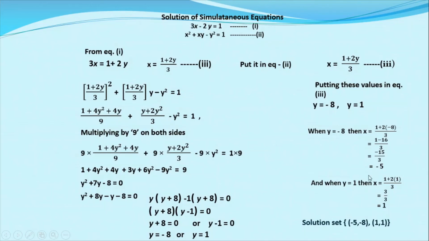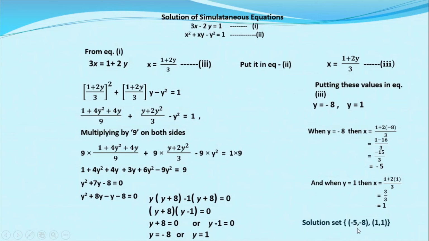If we want to check whether this answer is correct, whether it is valid for both equations, one by one we put these x and y values in the first equation. 3 into minus 5 becomes minus 15, minus 2 into minus 8 is plus 16. Minus 15 plus 16, the answer is equal to the right hand side, that is 1.